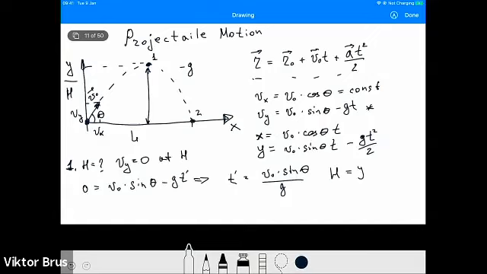Because it will be y at time t prime. So another approach, again, you can define the total time which this object will move in the air, while this projectile motion is going on.